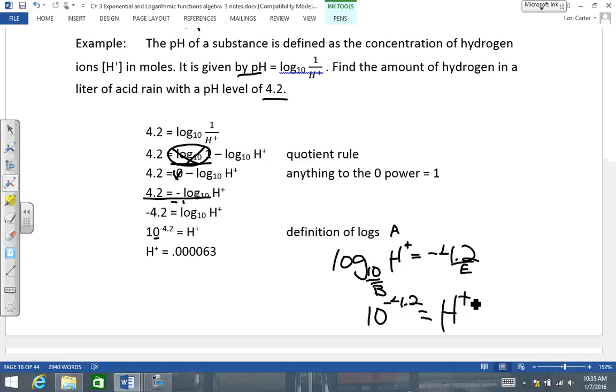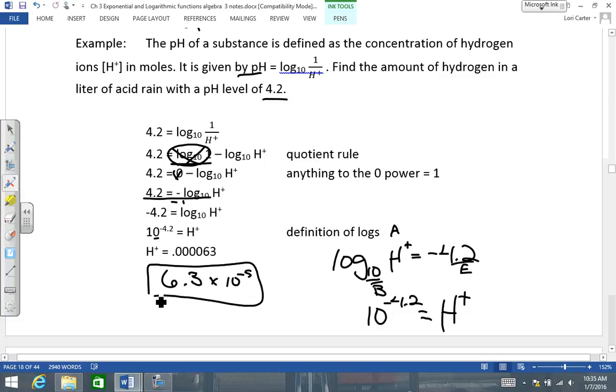Type that in. What'd you get? 0.0000631. Did it actually give you that on your calculator? Remember, some of your calculators are going to give you scientific notation, and you need to change it back to regular, all right?